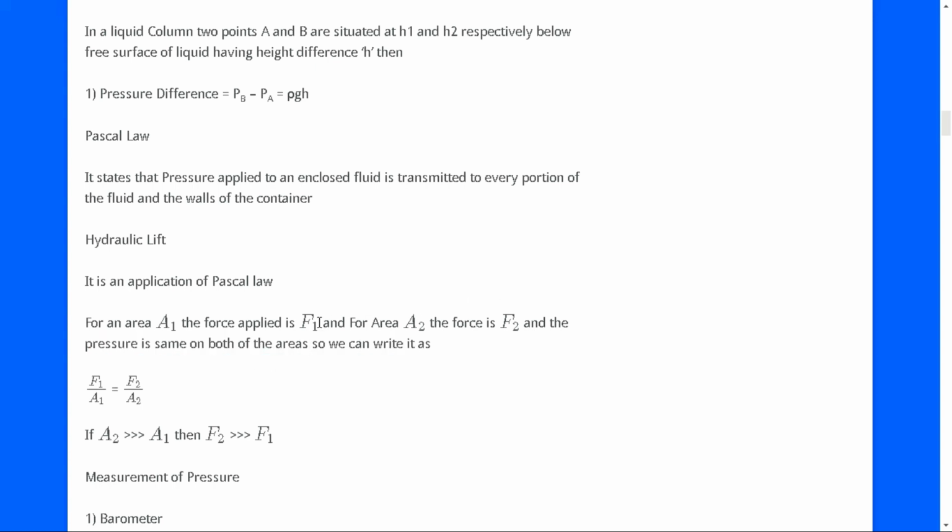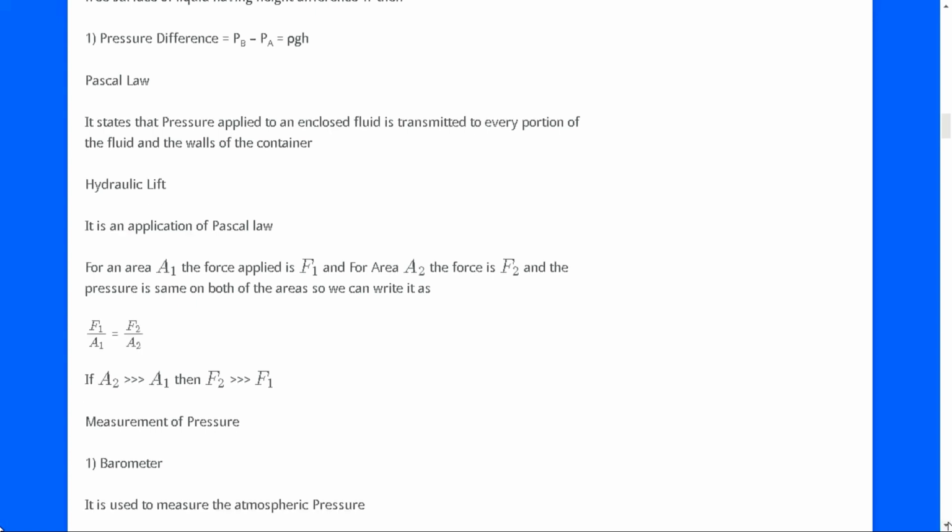So we can write F1 upon A1 is equal to F2 upon A2. Now if A2 is greater than A1, then F2 is greater than F1, because the pressure is the same. So force is directly proportional to the area. Now we have seen Pascal's law.